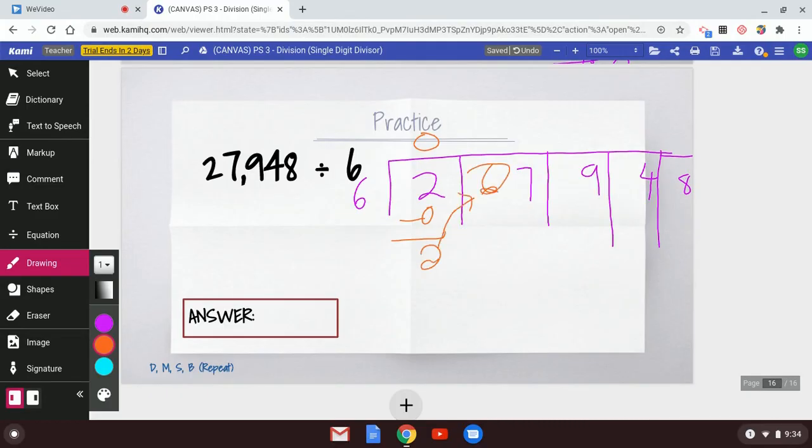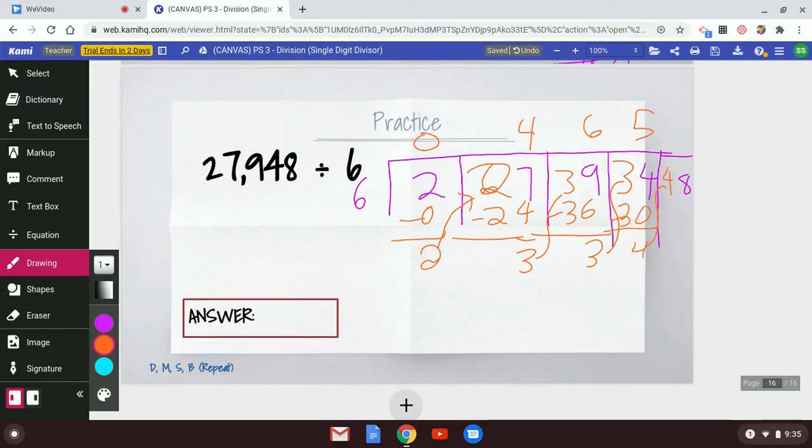Oops, that is a 2, not a 6. 6 goes into 27, 4 times. And I would have 24 with 3 left over. Bring that 3 up. 6 goes into 39 6 times, 36. 3 left over. 6 goes into 34 5 times. I have 30. And 6 goes into 48 8 times.